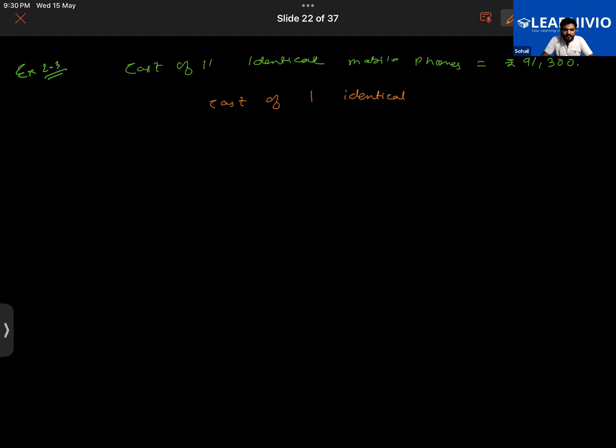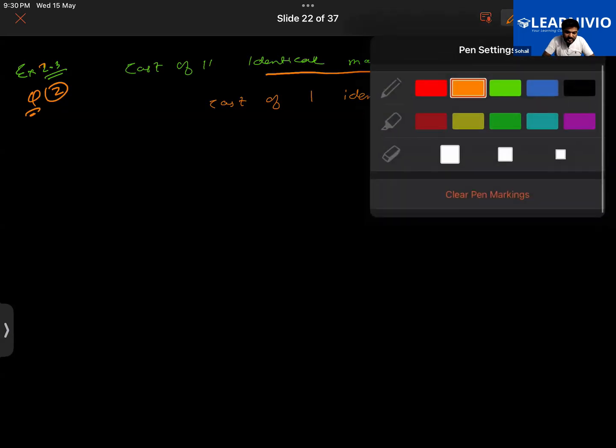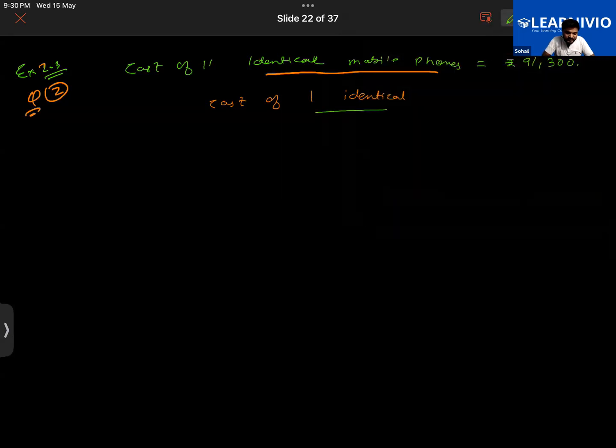Which question? Exercise 2.3, question number 2. The question says that the cost of 11 identical mobile phones is this much. You have to find the cost of one identical mobile phone. So it is simple now.